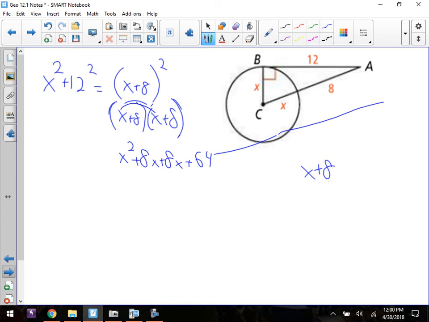You FOIL it out: first, outside, inside, last. One of those things that you guys will screw up. I guarantee most of you will just write x squared plus 64 because you'll go too fast, because you forget what that means. What's 12 squared?